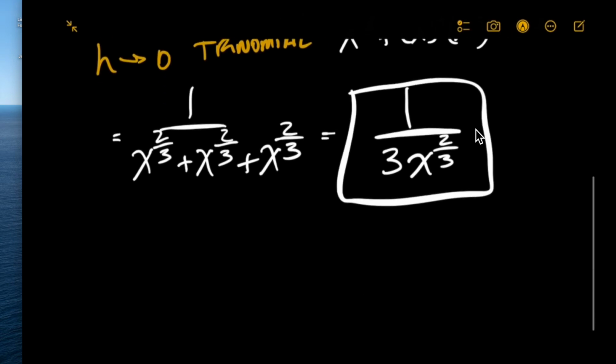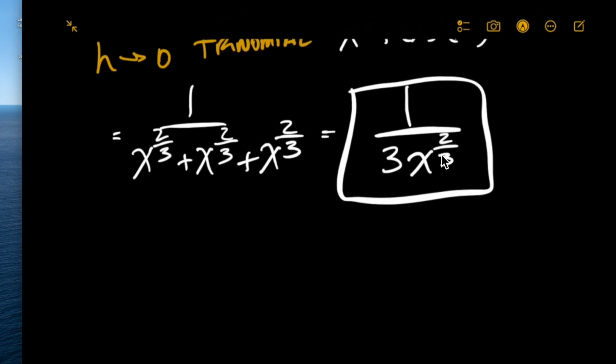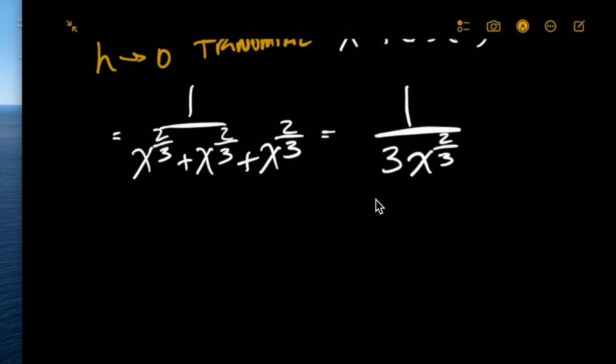In case you have a teacher that won't let you have a fractional exponent in the denominator, we can rationalize that. The goal is to try to get x to the 1st power. So what are we going to do? We're going to multiply top and bottom by something that's going to get x to the 1st power. X to the 1st power is the same as x to the 3/3.